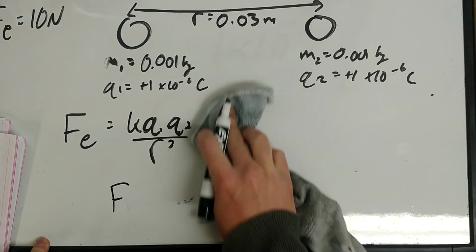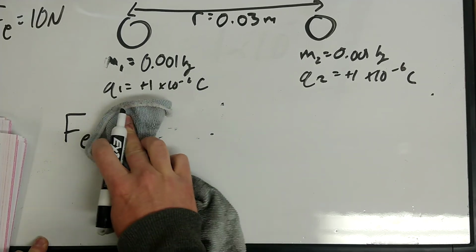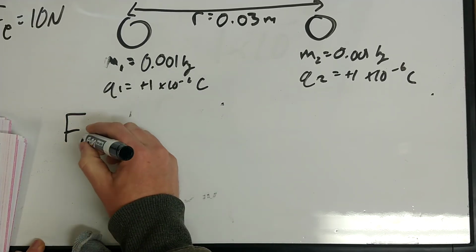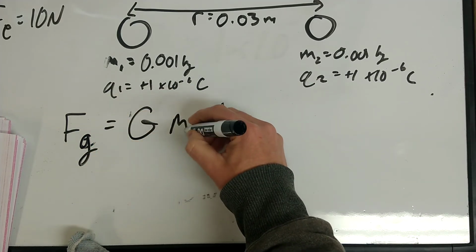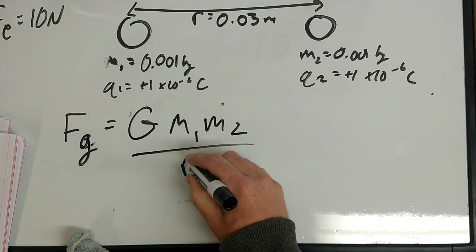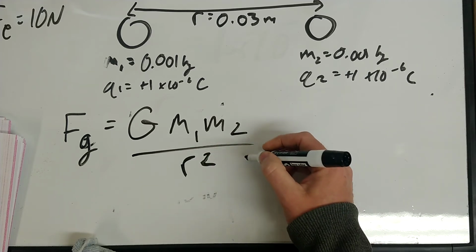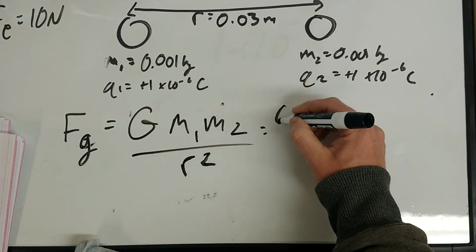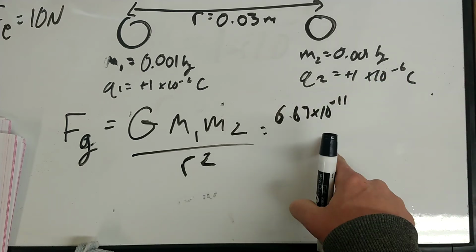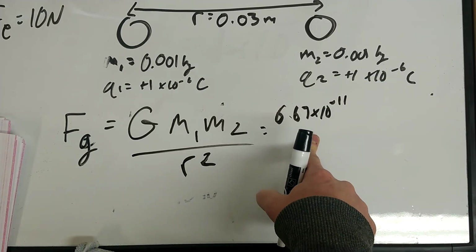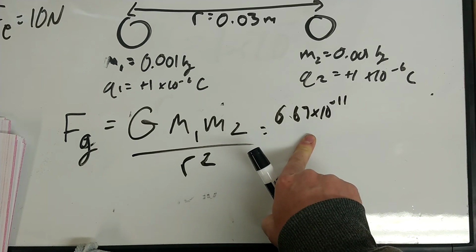It's a very similar equation, a very similar calculation. Fg equals big G, M1, M2 over R squared. Big G is 6.67 times 10 to the negative 11th. So this is really small. The electrostatic constant is really big.